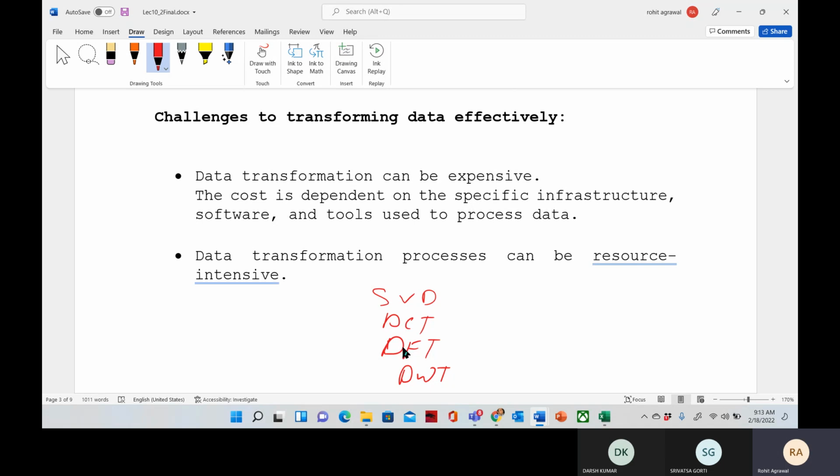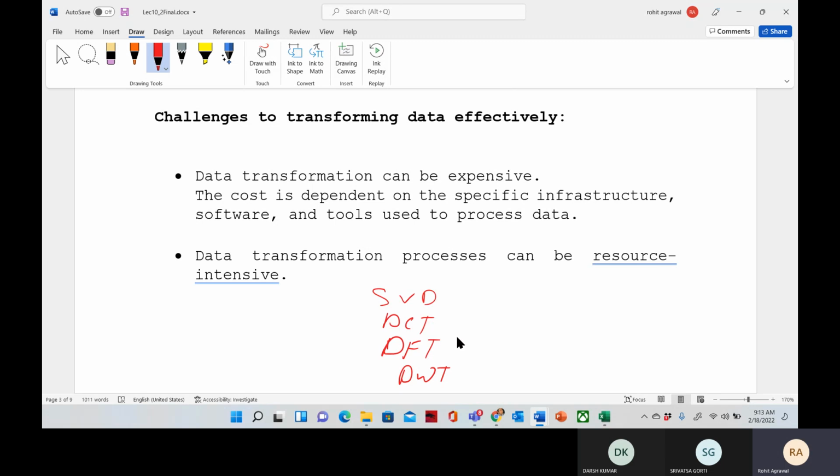DFT means discrete Fourier transformation. DWT is discrete wavelet transformation. So which one is good? All these you can use in image processing. Which one is good depends on the application, on where you require this transformed data. So this is again the question: which transformation?